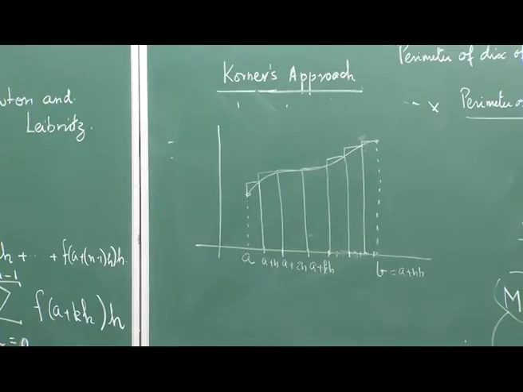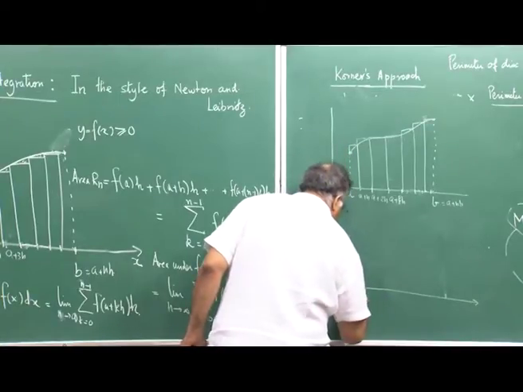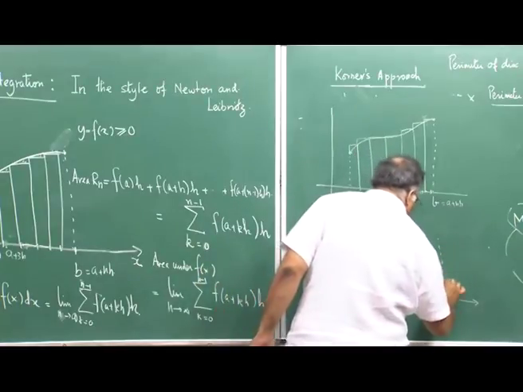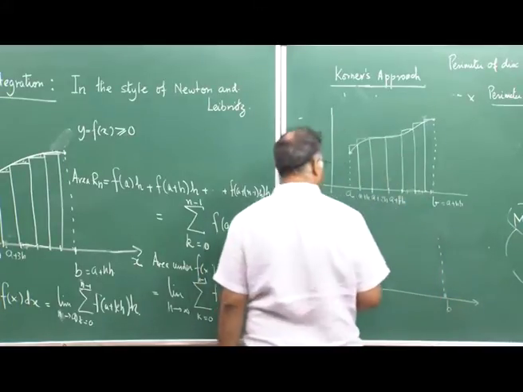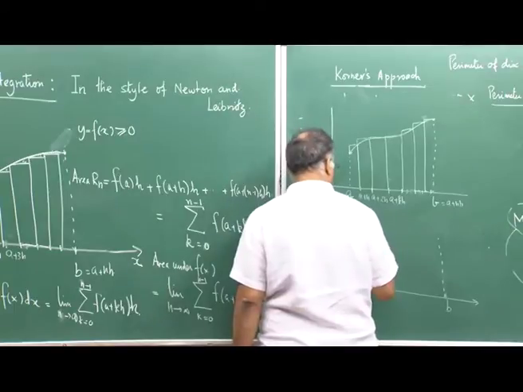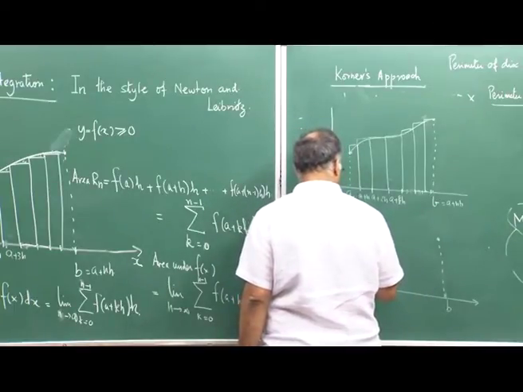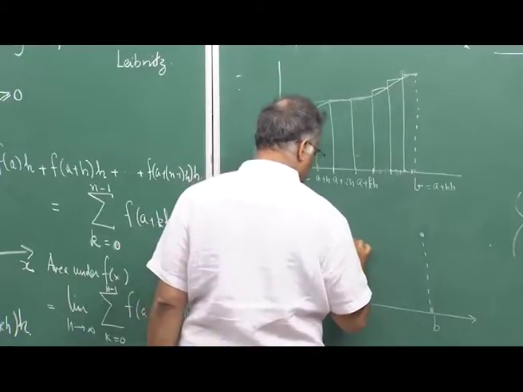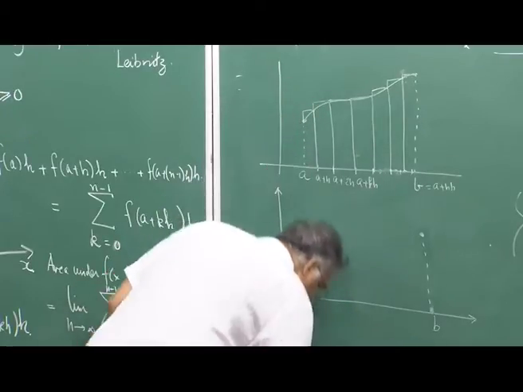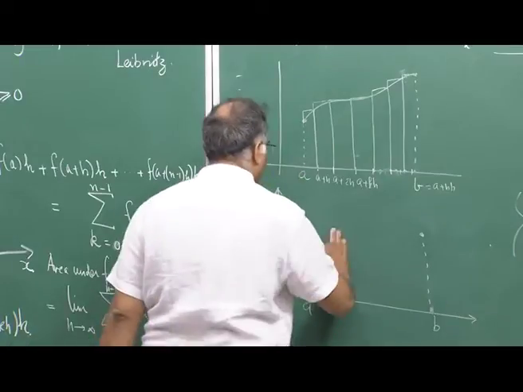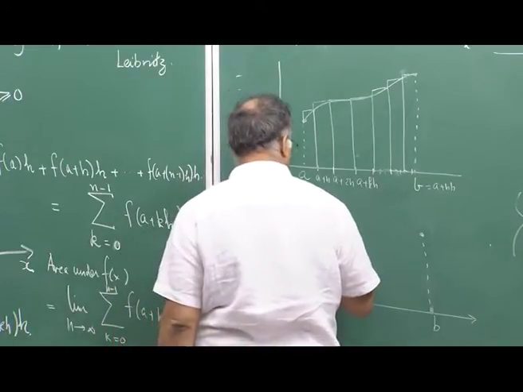Similarly, you can draw. So what you have taken, the maximum value and the minimum value. I'll draw this line, this is x equal to a, this is x equal to b. Maybe I'll draw the same sort of curve.